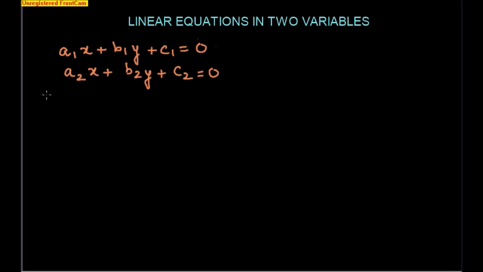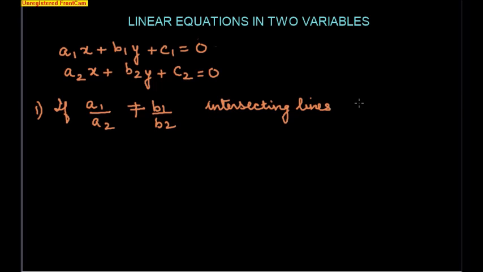So there are a few conditions. If a1 upon a2 is not equal to b1 upon b2, then the graph of such equations will be intersecting lines, and such equations will have a unique solution. Unique solution means one solution.